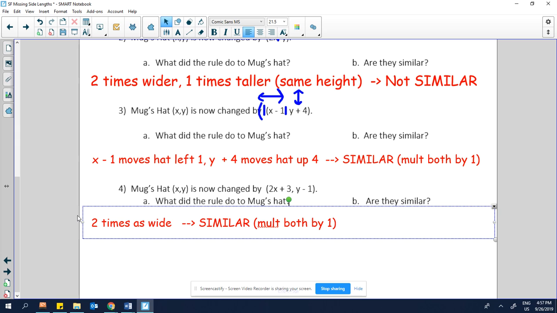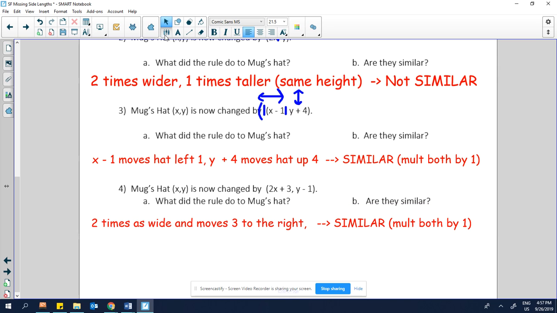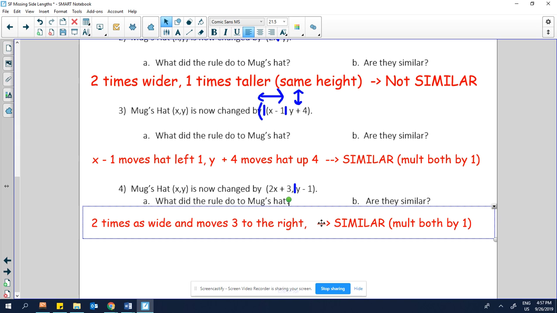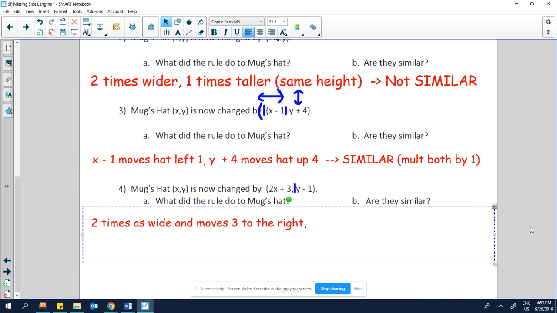What does that do to it? It moves 3 to the right. Y, did y get taller or shorter? 1y. So y, it looks like, stayed the same height. Stayed the same height with 1 times y.